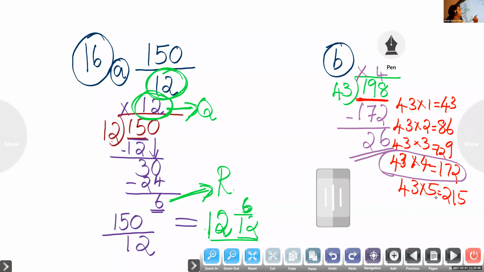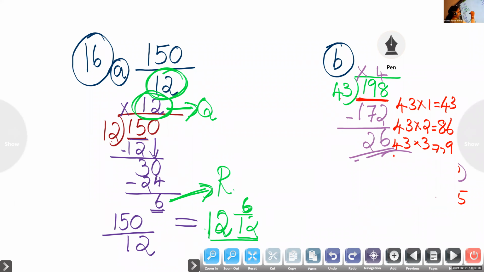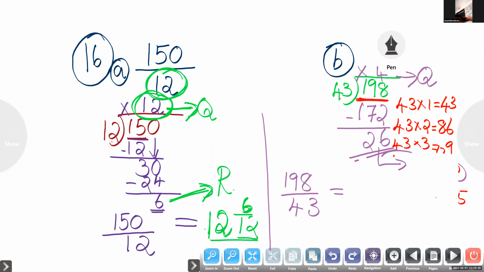Yes, children, we have to write. So the answer, 198 by 43 can be written as... which is the whole number? Look at the quotient. Ma'am, answer is 4. 4. And which is the remainder?